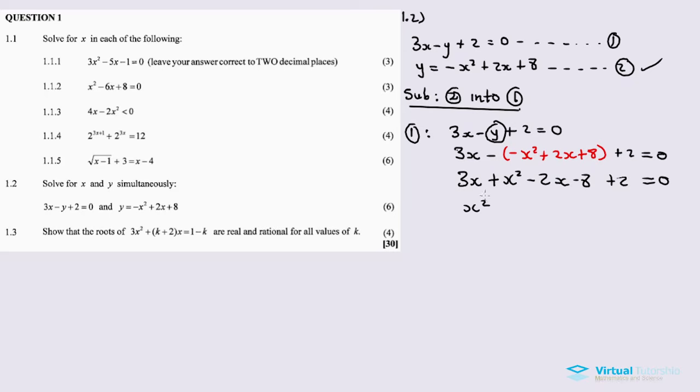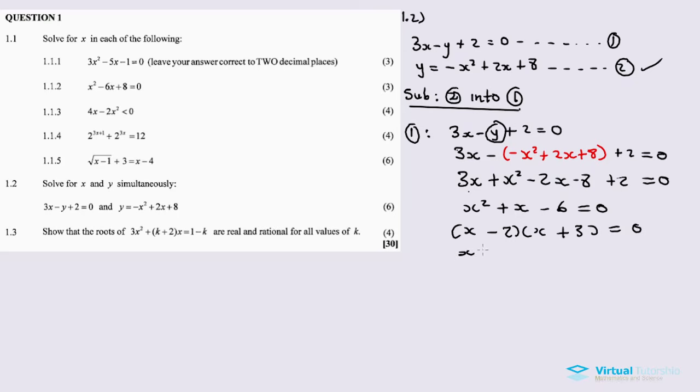Then it's x squared, the 3 and the 2 give us positive x, and the minus 8 plus 2 is minus 6 equals 0. Using the factoring method, we need numbers: negative 2 times a positive 3 is negative 6, and adding 3 and negative 2 gives plus 1, the middle term.